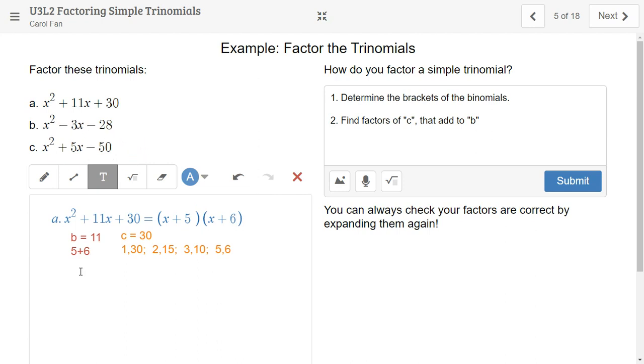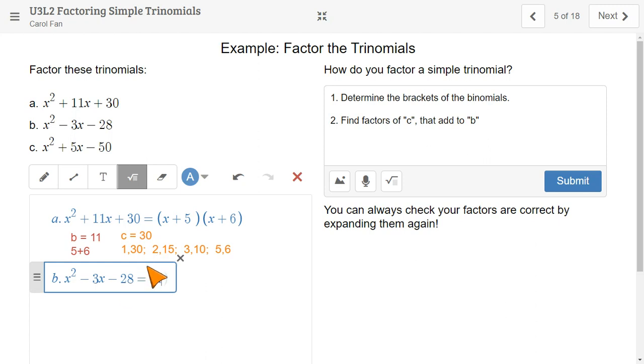Let's do it again for our second question. Part B, x squared minus 3x minus 28. We're going to check the c term. The c term is a negative value. So we know that my original binomials will be mixed.